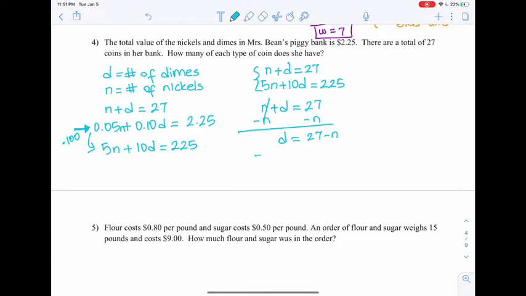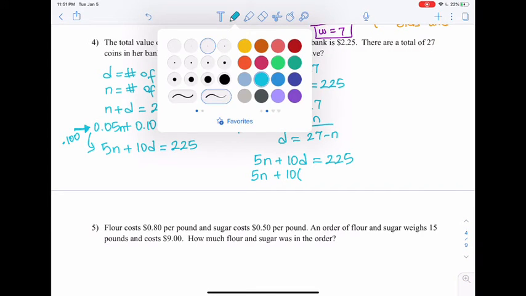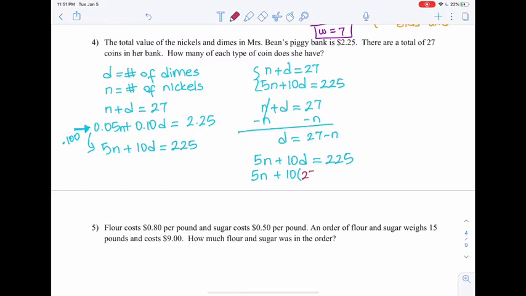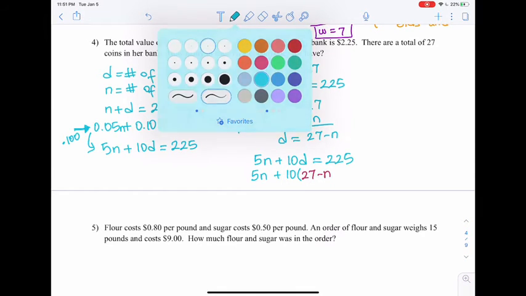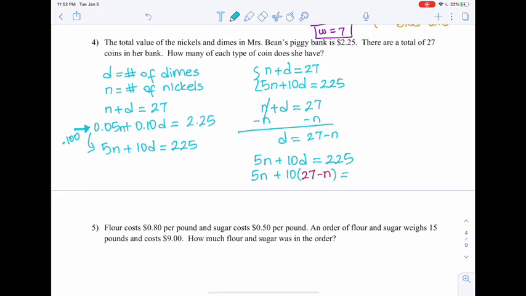The second equation was 5N plus 10D is equal to 225. So we will rewrite 5N as it is, plus 10, and instead of writing D, we are going to write 27 minus N, is equal to 225.